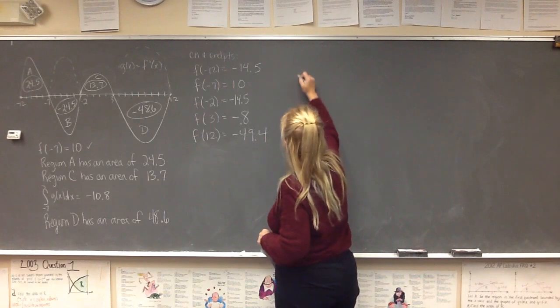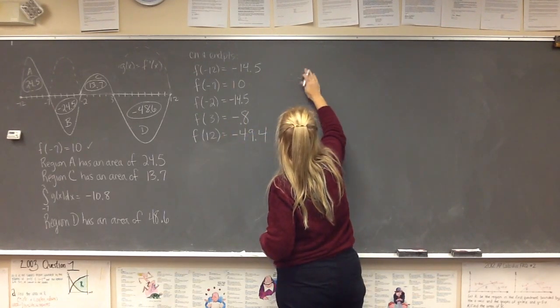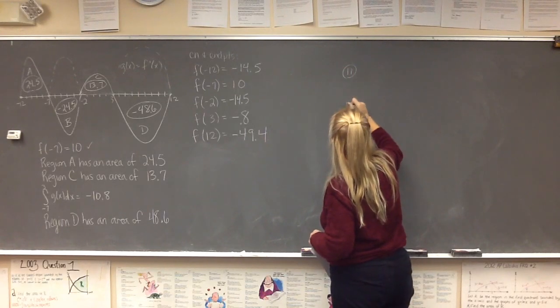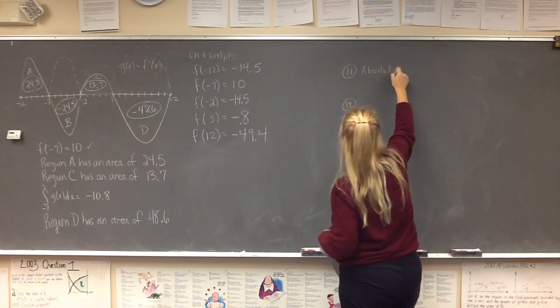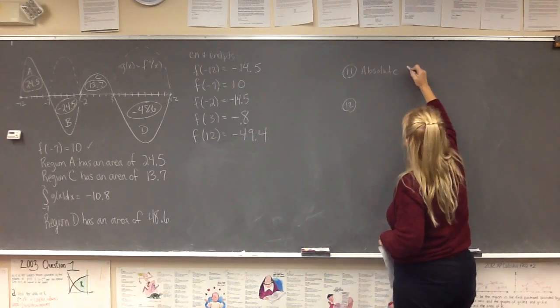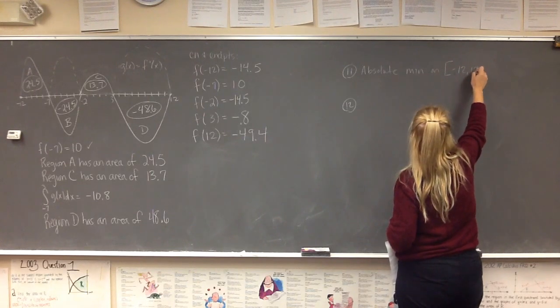I'm looking at question 11 and also 12 at this point. And then 12, let me see, this says, what is the absolute, I think it says min of f on negative 12, 12.